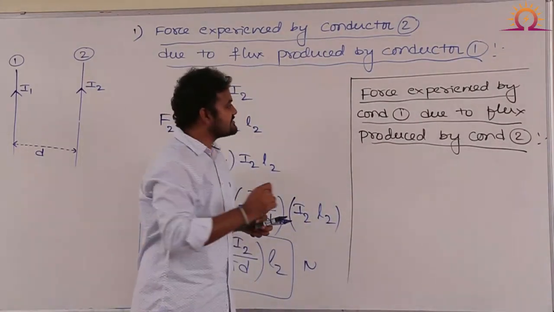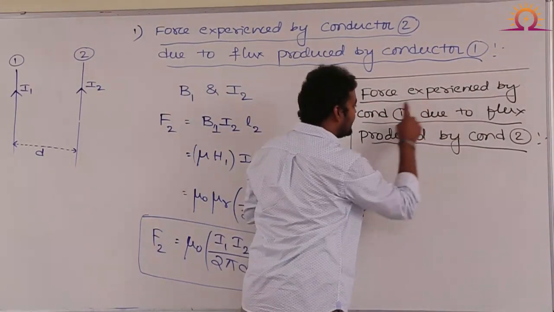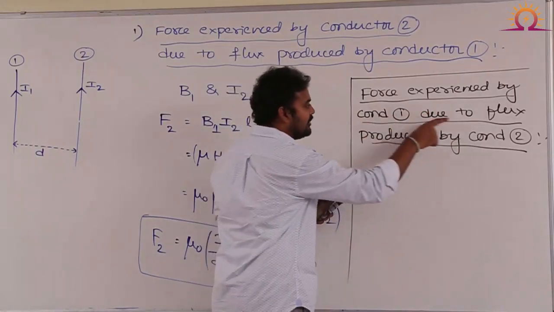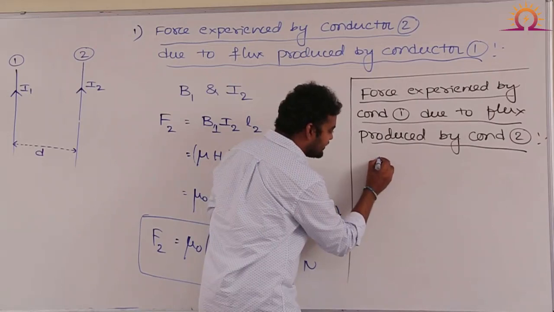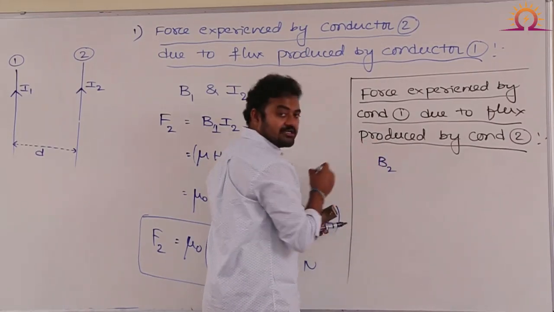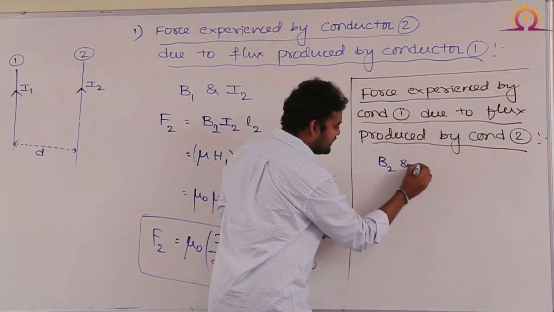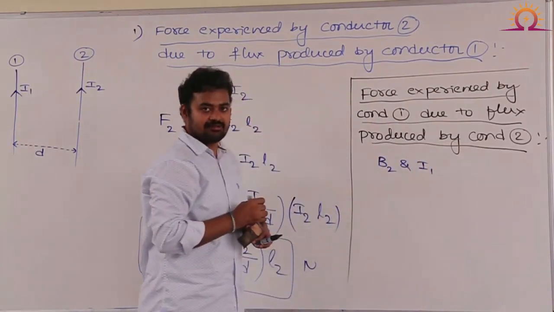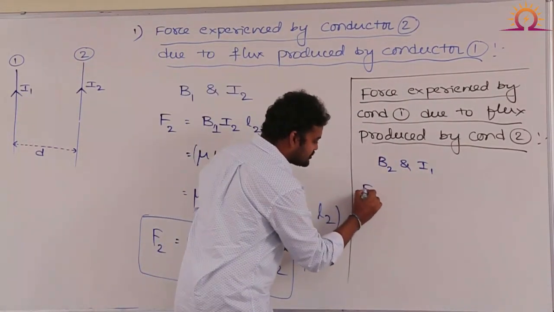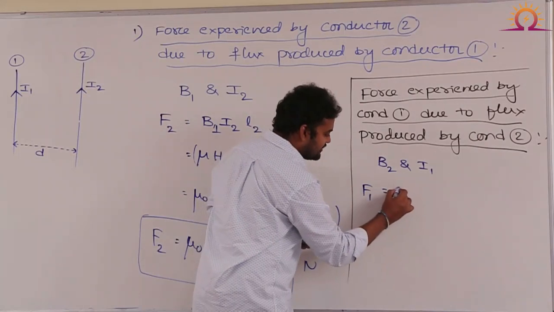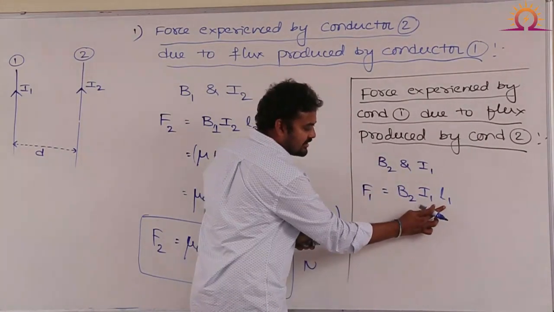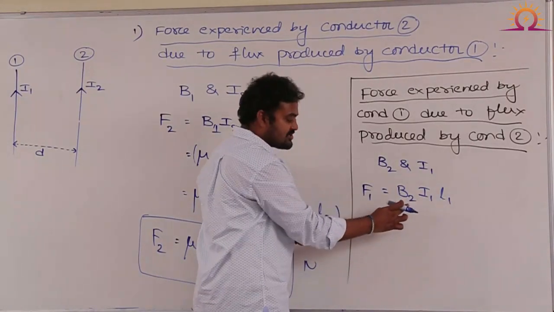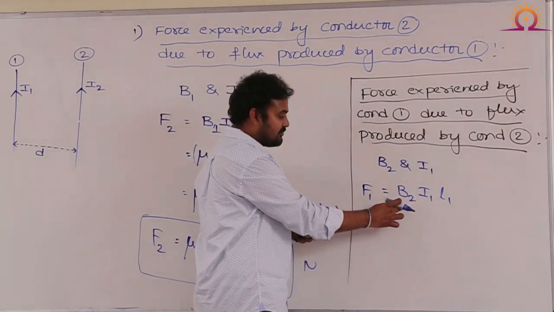Now let's see, force experienced by conductor number 1 due to the flux created by conductor number 2. That means it is the interaction between flux created by conductor number 2 and current carried by conductor number 1. So therefore, the magnitude of the force experienced by conductor 1 is equal to B2 into I1 into L1. The conductor 1 is experiencing force because of the field created by conductor number 2.